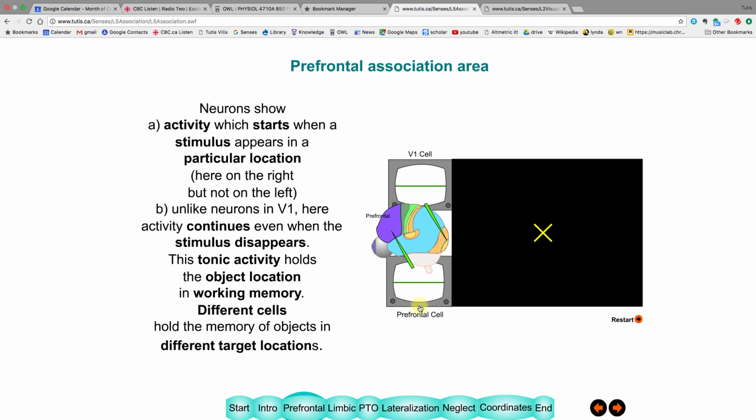And it remained active largely because of something called working memory. It's a form of memory, but it's a short-term form of memory. And this is a very important ability of the prefrontal cortex, to hold things for a short period of time. But short is a little bit undefined. And you use it for things like playing chess, for example.